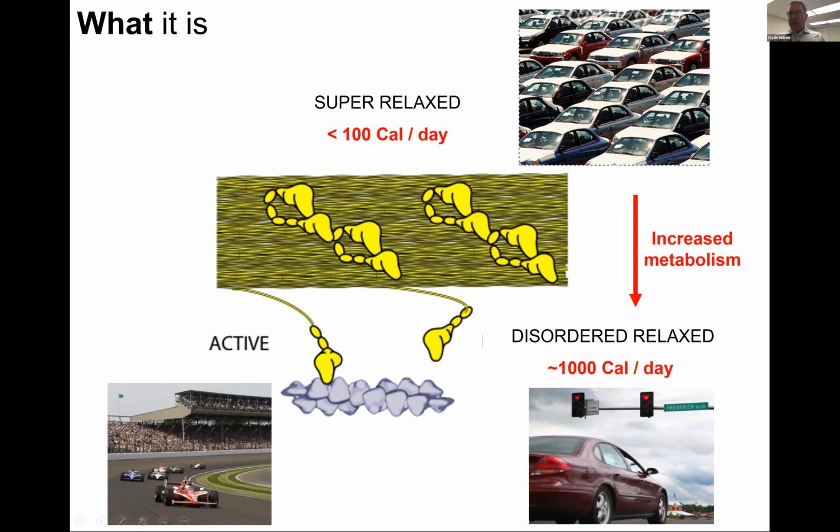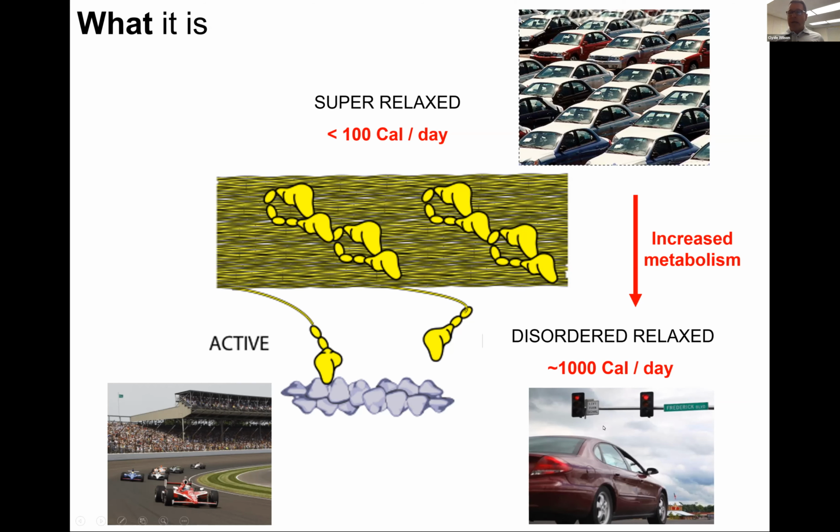You can think of this as a car whose engine is completely shut off. That's the superrelaxed state. You'll increase the calories to 1,000 per day if you keep that engine idling or running, even though it's still at rest.